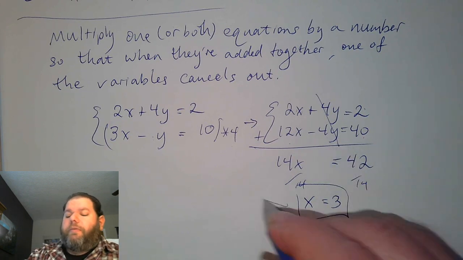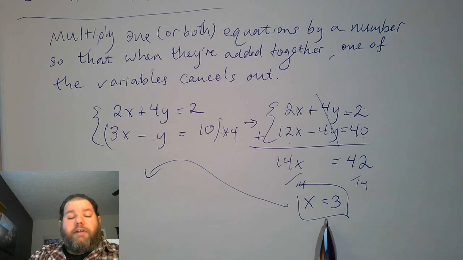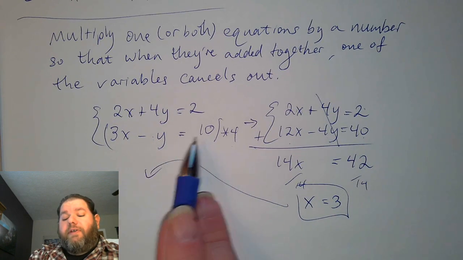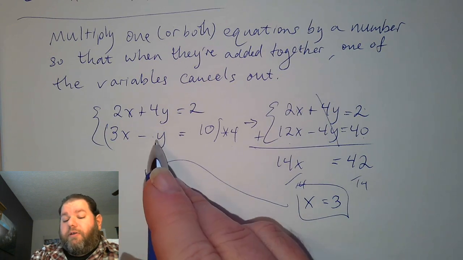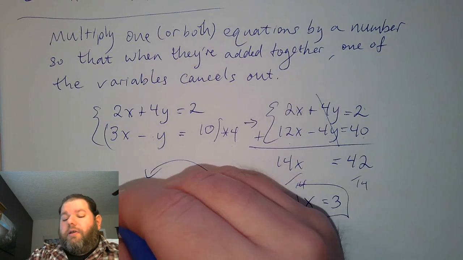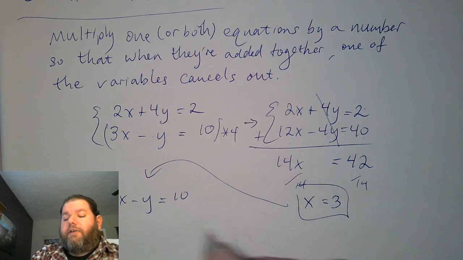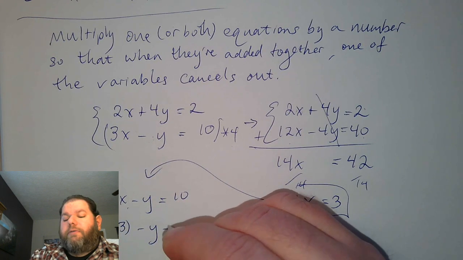So we can pick whichever equation we want, plug in x equals 3 and solve for y. Now, I'm just going to use the second equation because it looks a little bit nicer to work with that y value there, with no coefficient. So 3x minus y equals 10. We plug in x equals 3. 3 times 3 minus y equals 10.